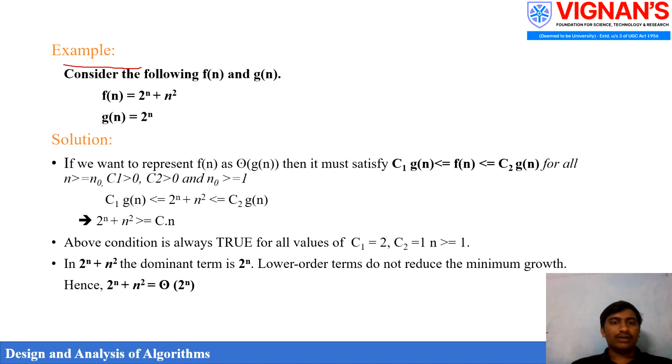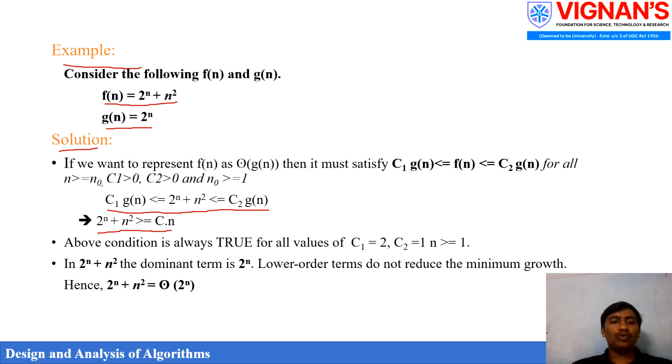Example of theta notation: f of n equal to 2 power n plus n square. The dominant term g of n is 2 power n. Coming to the solution, c1 into g of n is less than or equal to 2 power n plus n square, which is less than or equal to c2 into g of n. Then we can solve the above equation.